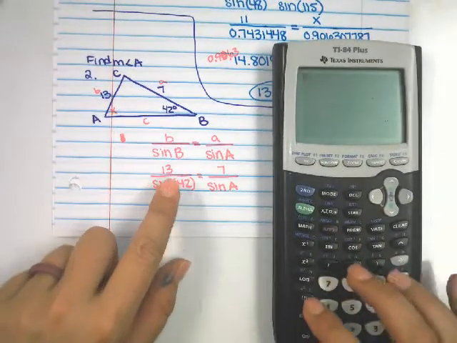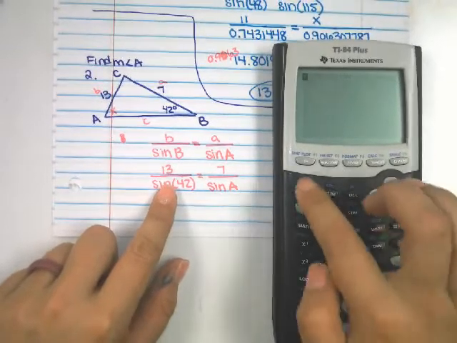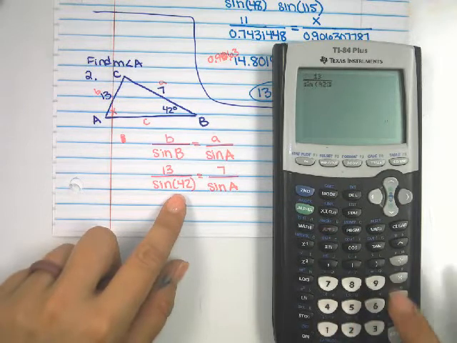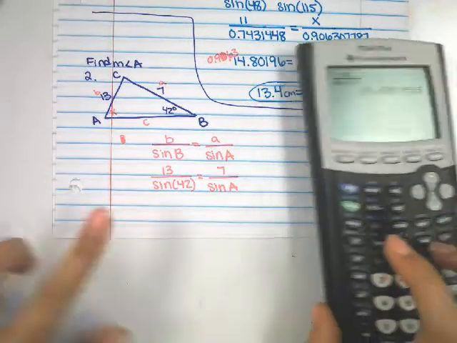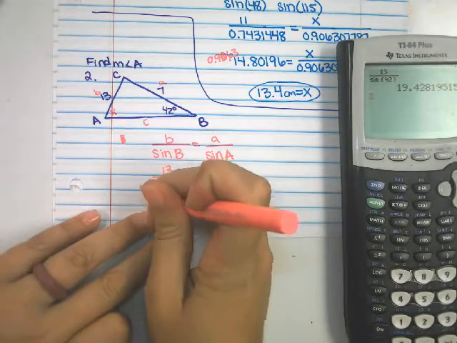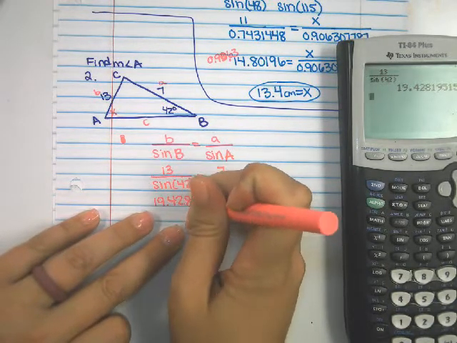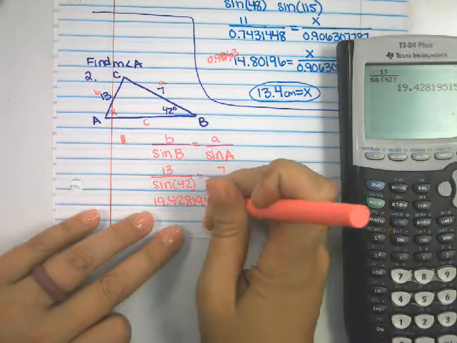I'm going to type this on the left side in. So 13 over sine of 42 is 19.428195.